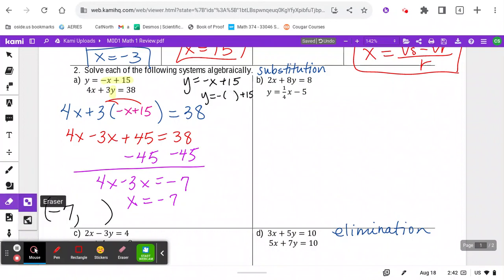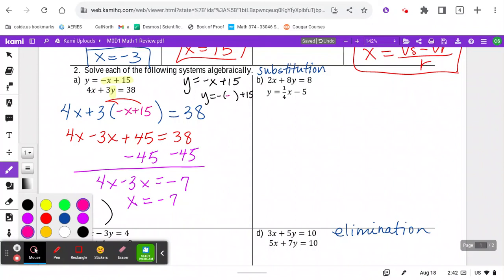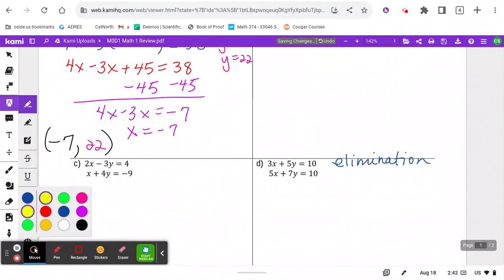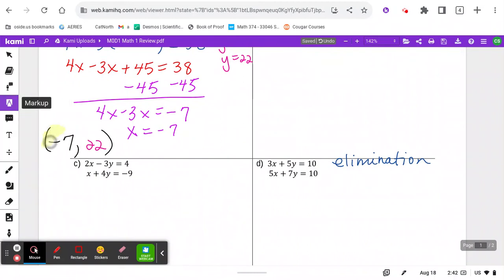And remember what to do with a negative 7. So negative, negative 7 is going to equal positive 7. Positive 7 plus 15. Did you get 22? And please remember to box or highlight your answer. There you go.